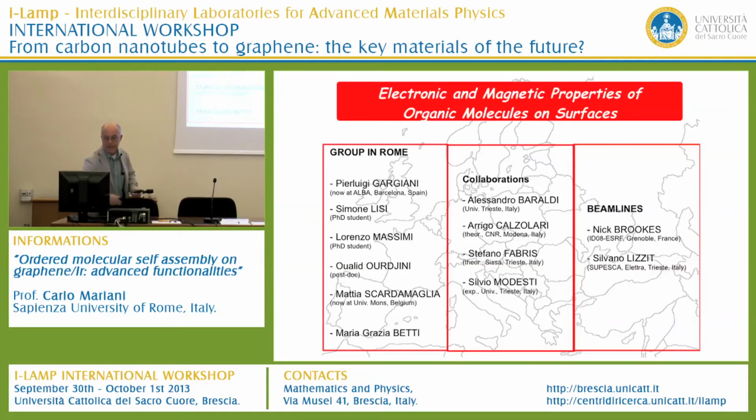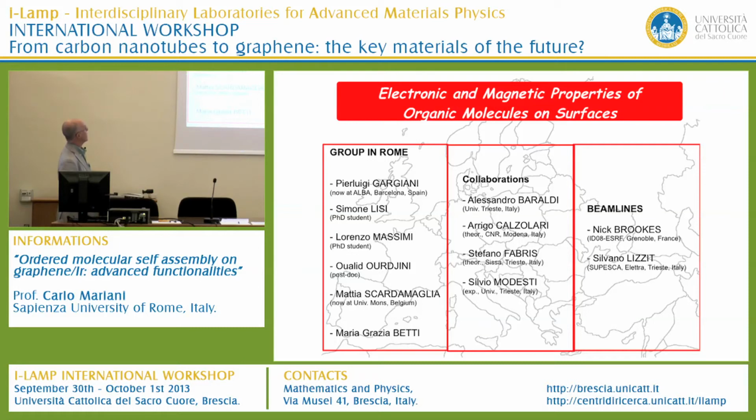I would like to thank the group in Rome, Simone Lisi, who has done most of these measurements together with Pierluigi Gargiani, who is now at Alba in Barcelona, and Mattias Cardamaglia, who is now at Mons in Belgium.